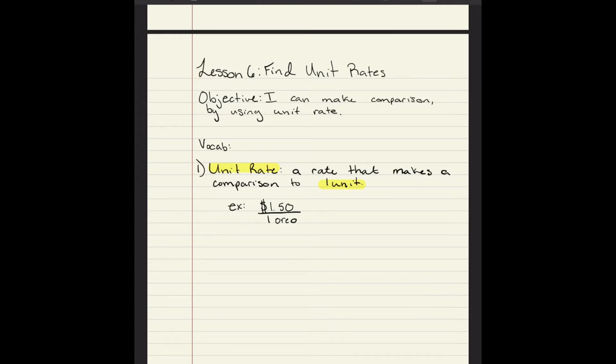Or if you drove 70 miles per hour, then it's 70 over 1 because it's 70 miles per hour and the 1 would be the per hour. So then it would be 70 miles for an hour.